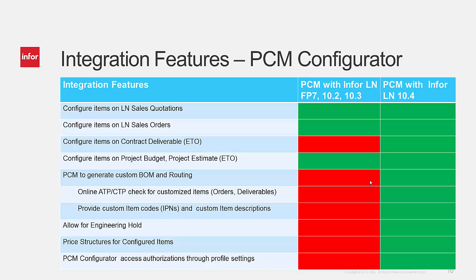Also, it is now possible to put a configuration in PCM on engineering hold, which means that during configuration you have added some features or selected some options that first need to be reviewed by engineering before the configuration can be approved and the sales order entry can, for example, be completed.